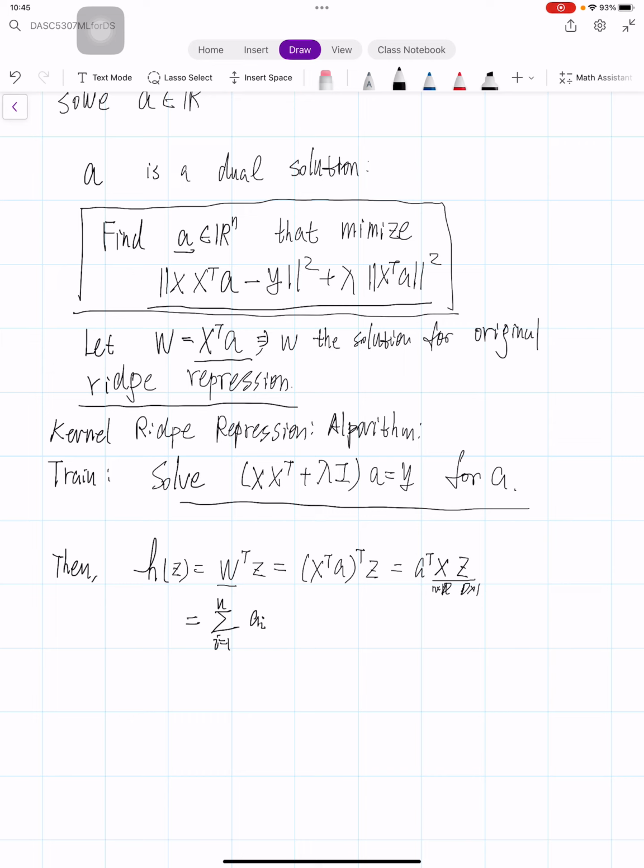So this is our training function. This will be an n by 1 vector, so it's xi transpose z. Okay, so this is our final regression function. And this part is called the kernel function.